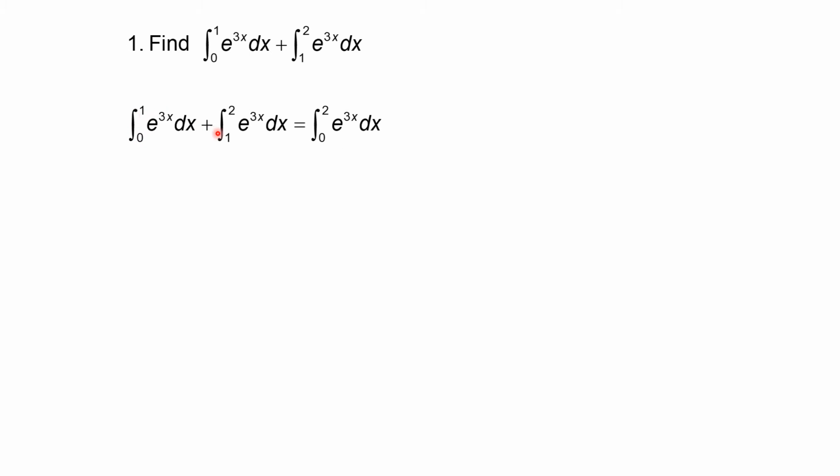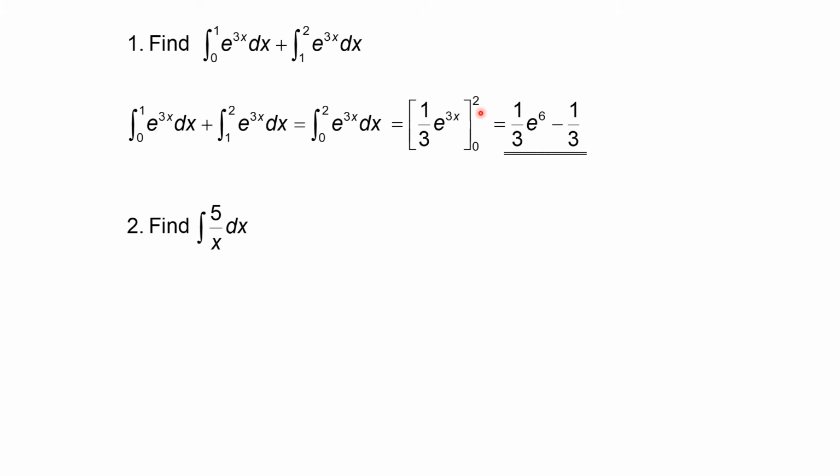So the limit 1 gets cancelled out here. Integrating this gives you e to the power of 3x over 3, and then you substitute 2 and minus substitute x as 0, and you will arrive at this answer.